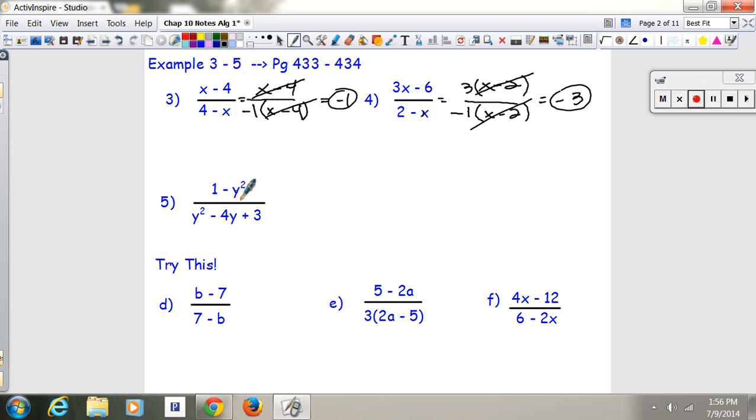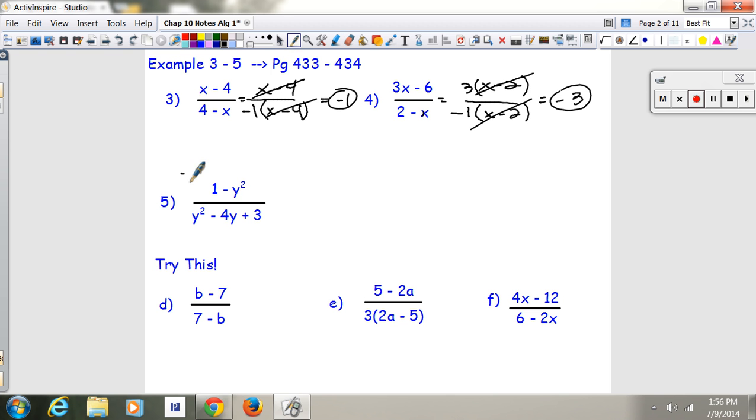Let's see here. We've got 1 minus y squared. We could put 1 plus y and 1 minus y, but you're going to notice that the y's in front in this case. So I don't think we should do that one. I think we should take out a negative 1 first.